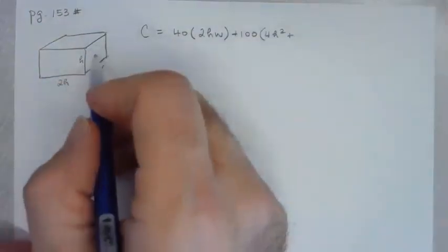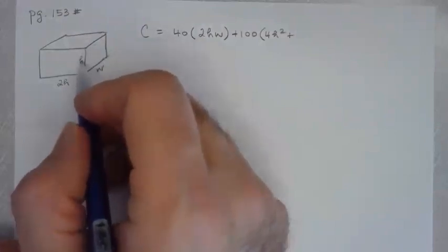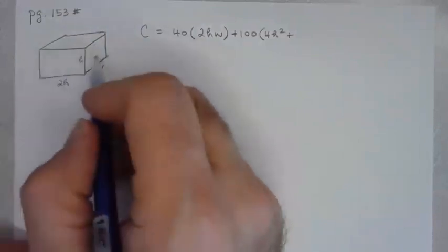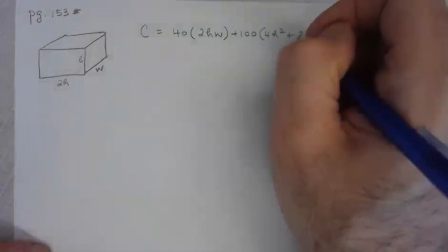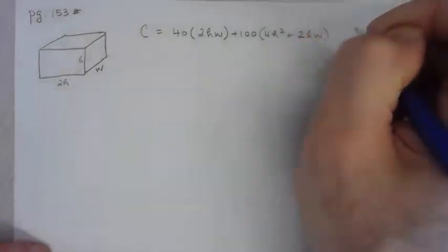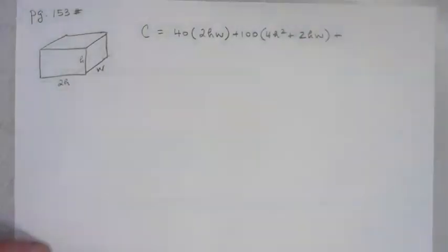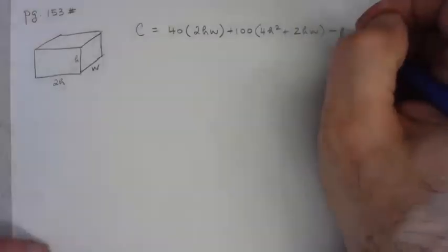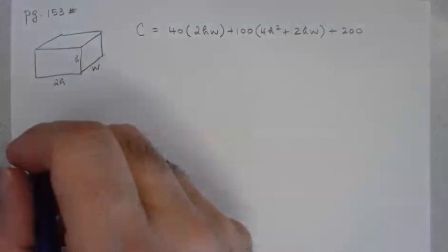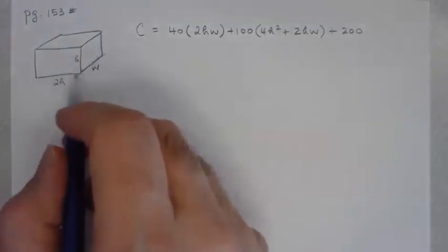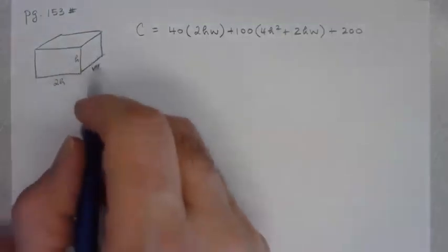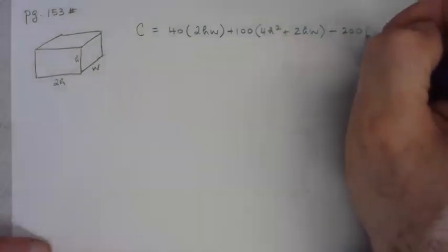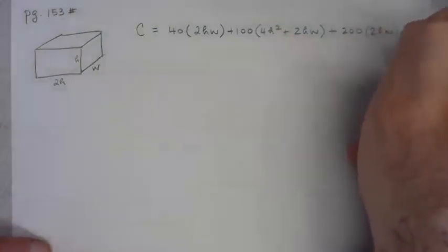And then these side walls here, H times W, and there are 2 of them, so 2HW. And then it was, I forgot already, $200 for the roof. Again, that has the same area as the base, so 2H times W.